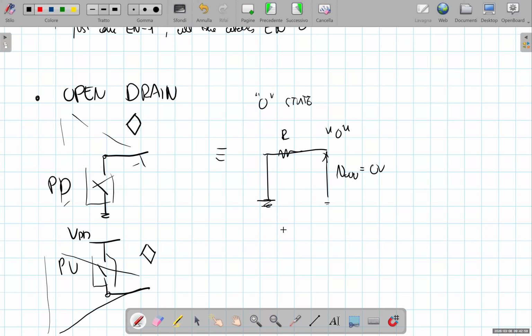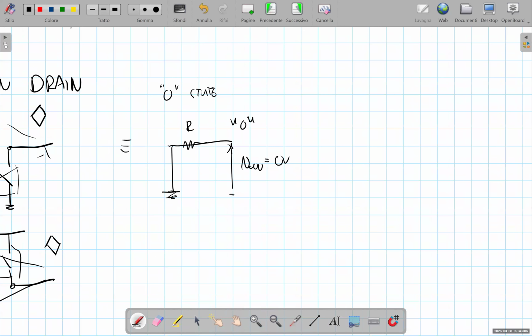In the complementary case, when the output should be at the high state, in the open drain gate we have simply an off switch that cannot force the output Y high.